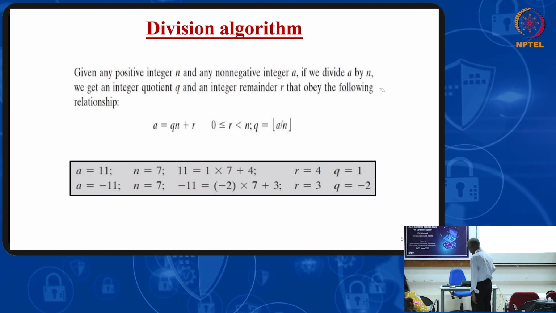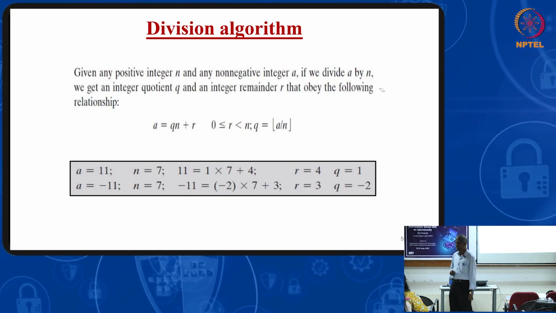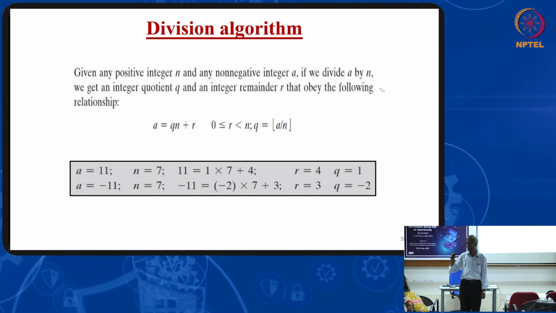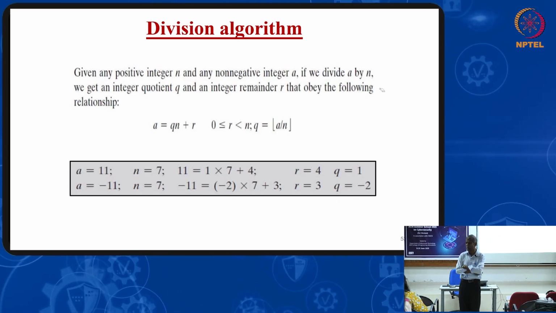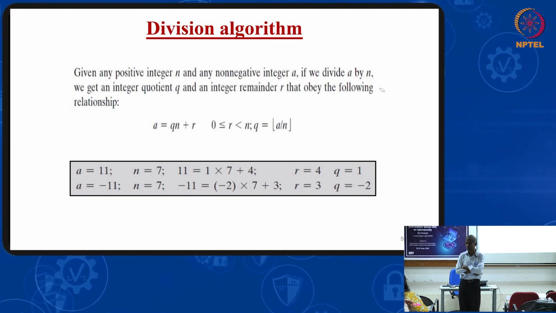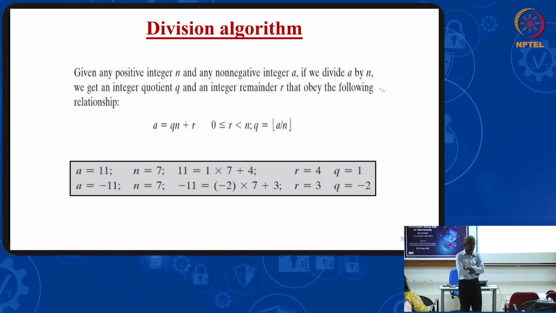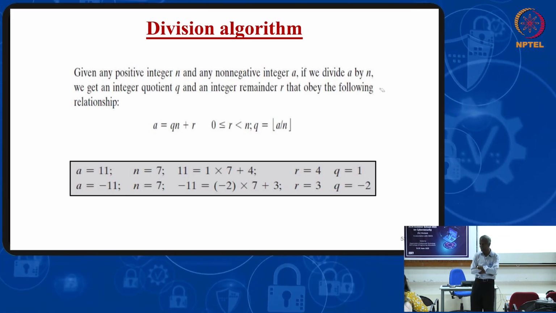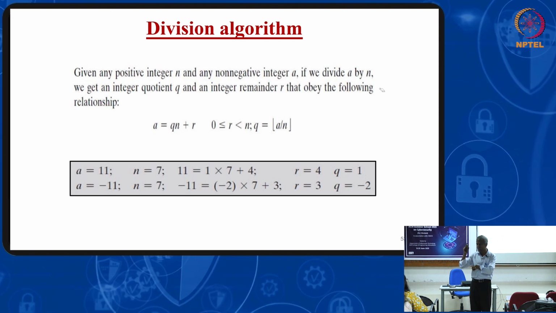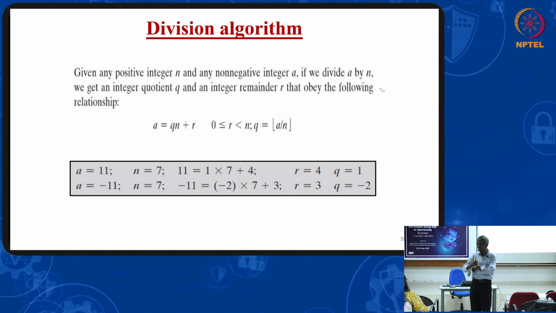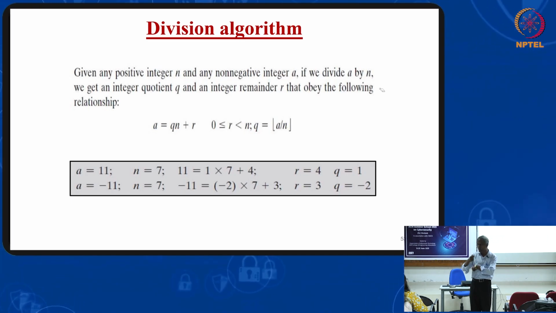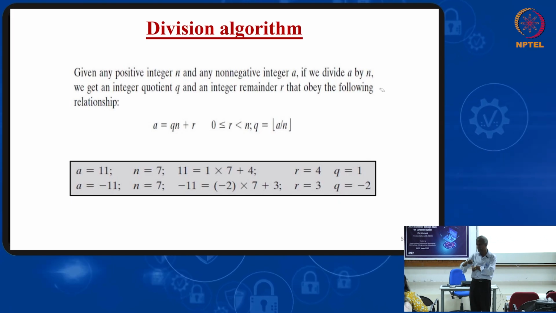This algorithm is called the division algorithm. Suppose you have 11 and you are dividing with 4. What will be the remainder? Three will be the remainder. Now, 11 was the dividend. You divided with 4. How many times is 4 going? 2 times. That is the quotient.